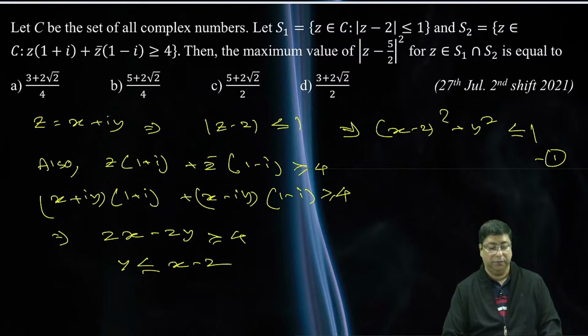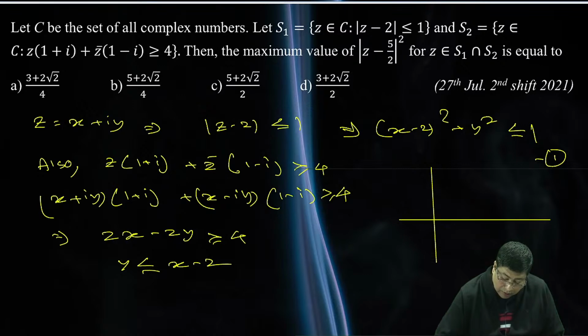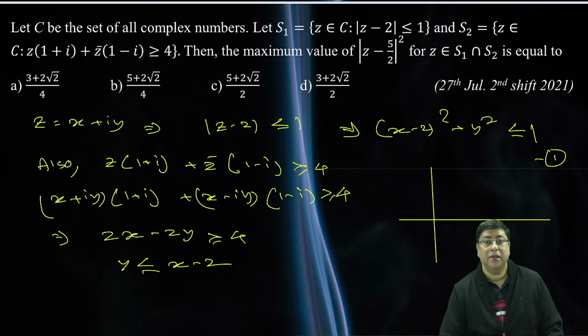Now, how to proceed? Let us draw. This is a circle whose center is 2, 0 and radius is 1.